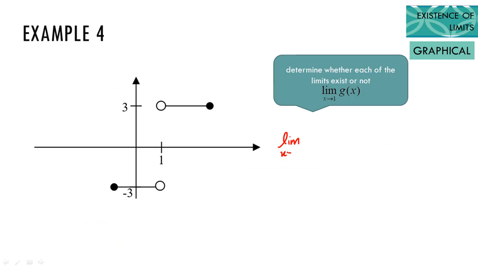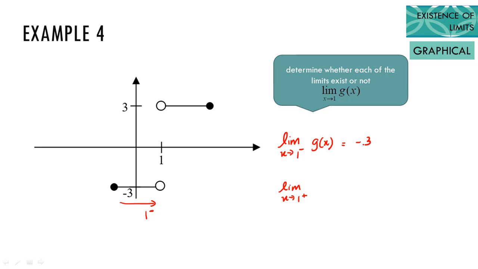Example 4, when x approaches 1 from left and right, respectively, with the horizontal line at y equal to -3 and y equal to 3. So we write in the notation as following.